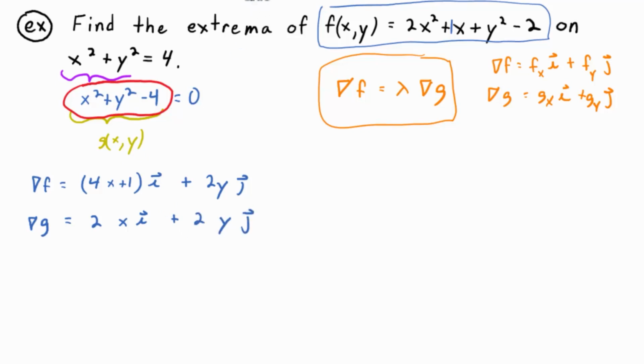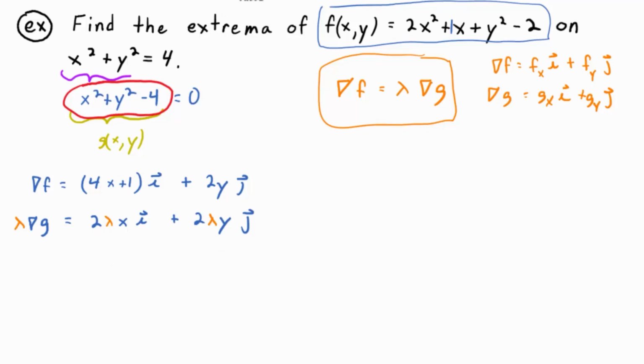Why did I do that? Because I'm going to throw in the lambda now. I'm going to multiply by lambda. Could you do that all at once? Most certainly. Does everybody see? All I did was compute del f and lambda del g. The solutions to the corresponding system of equations that you get when you set the corresponding components equal, those are the critical points we're looking for.